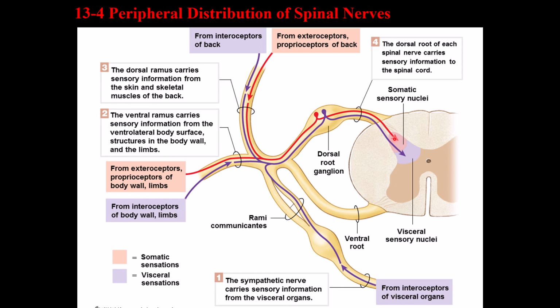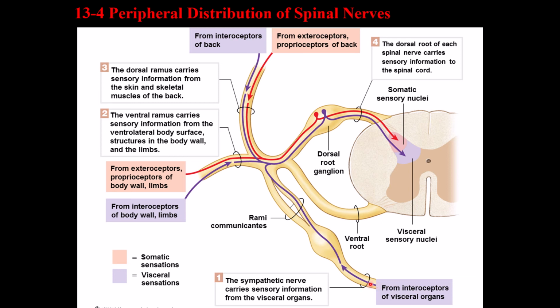For example, the changes that are happening in the visceral organs, and if they are happening there, then they are interoceptors. So in the visceral organs, you do not have proprioceptors or exteroceptors. So these interoceptors, for example, distension of an organ, changes in the blood pressure, things like that.